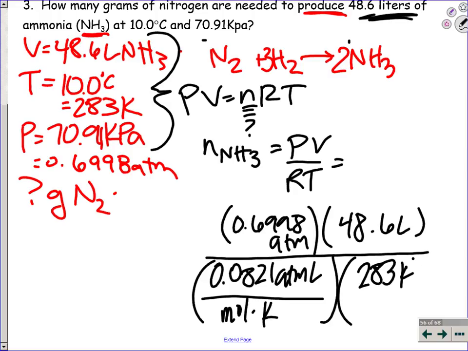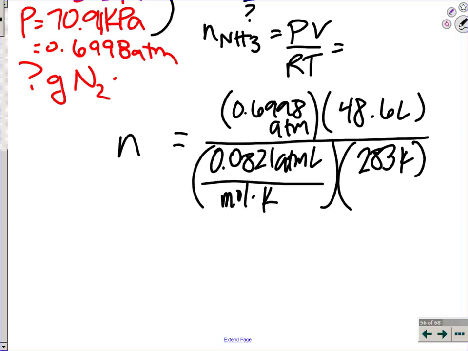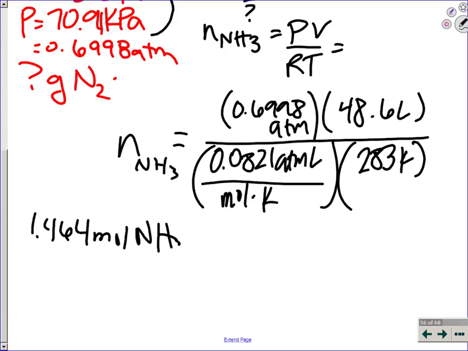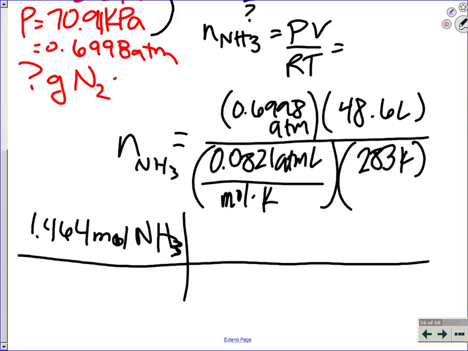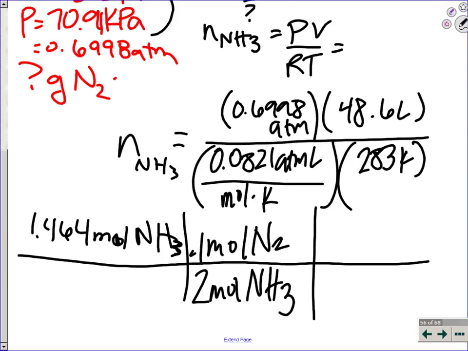Just looking for a number. I'm done. How many moles is that of ammonia? And what's the mole ratio I'm implementing here? 2 moles of ammonia for every 1 mole of nitrogen. 1 mole of nitrogen weighs 28-ish grams per mole.